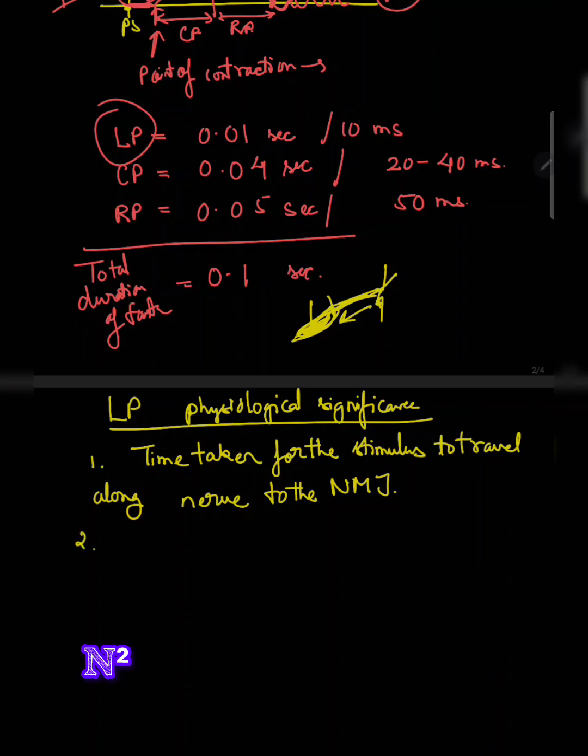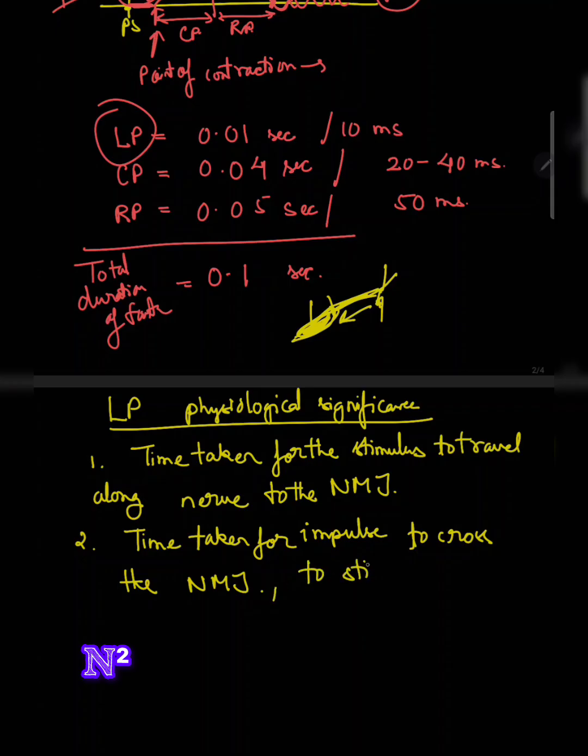It can also be written as the time taken for the impulse to cross the neuromuscular junction to stimulate the muscle under experiment. The same thing only.